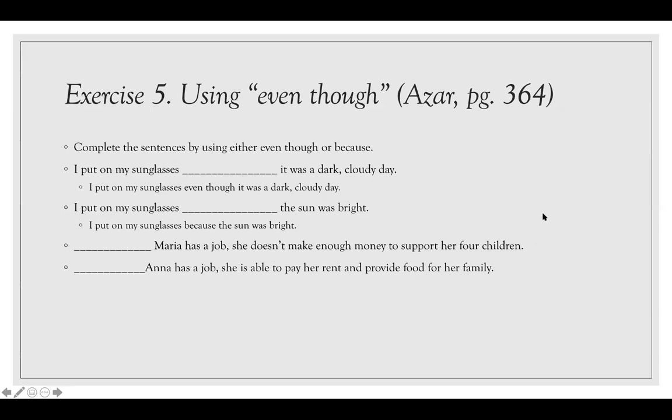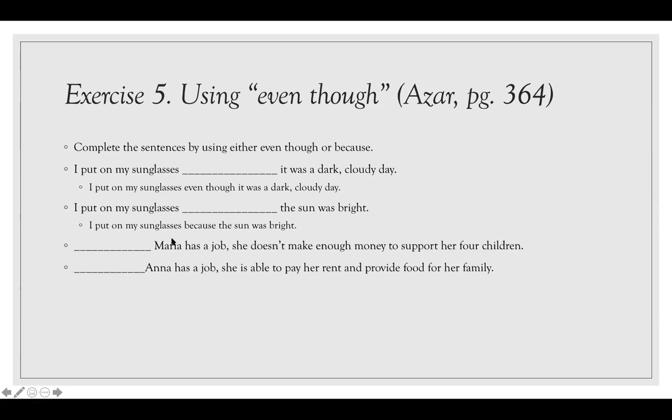But some of you have her newer version of this book, and in her newer 2017 version, she changes these examples, I think for obvious reasons, because the older version had Maria has a job. She doesn't make enough money to support her 4 children.